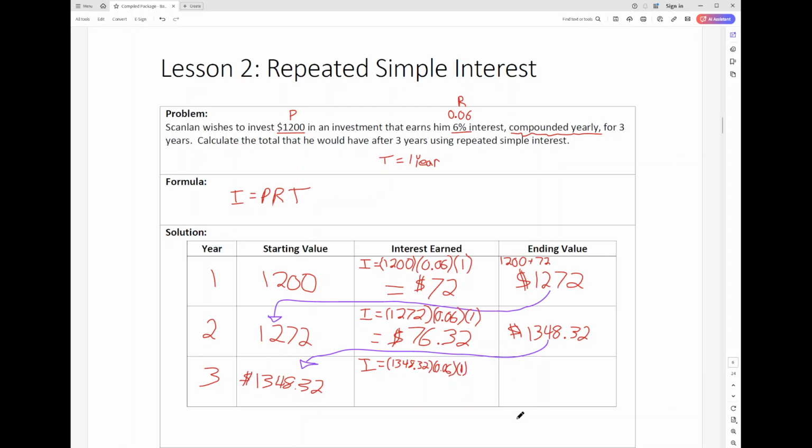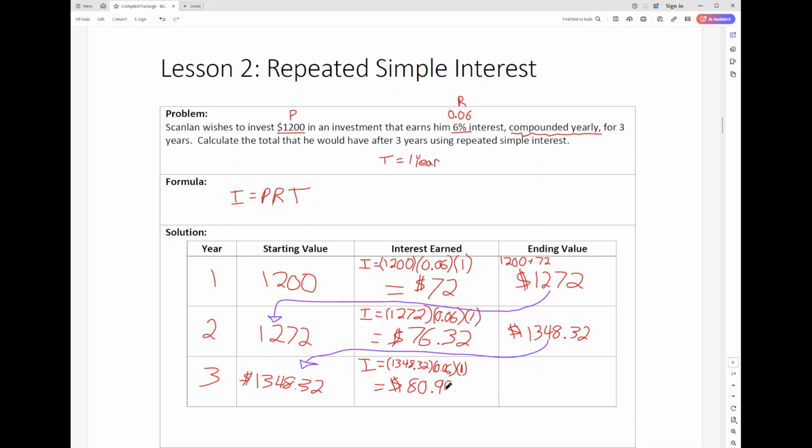Okay, and doing that math, you end up with now a bit more again. $80.90.